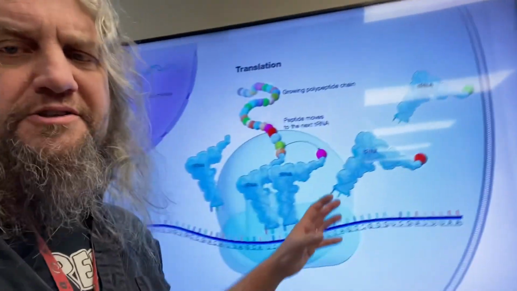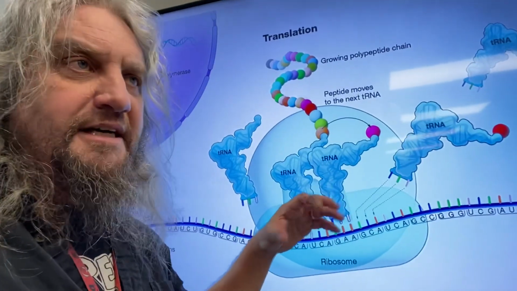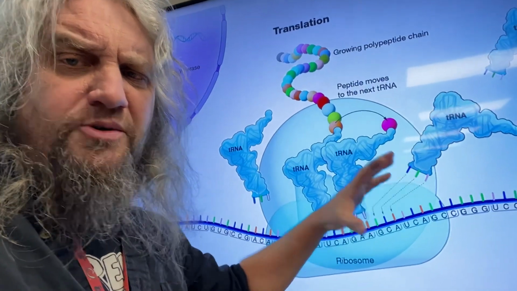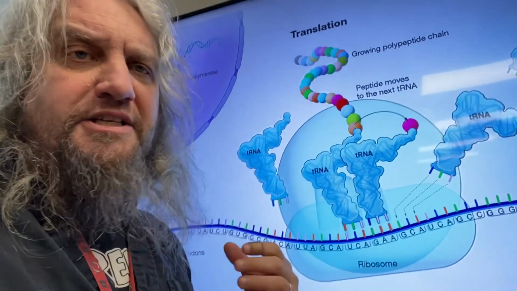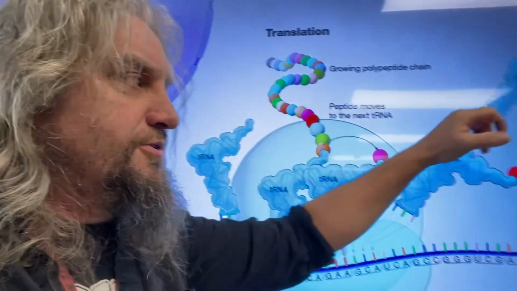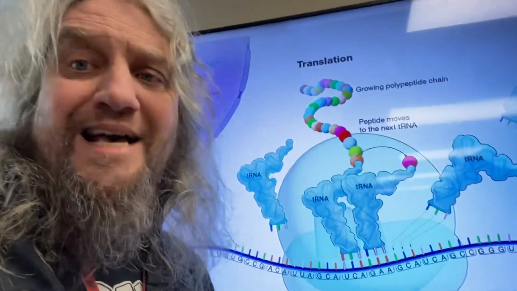Translation needs a ribosome. A ribosome attaches to the mRNA molecule and keeps things organized. Translation also needs tRNA molecules, which are floating around in the cytoplasm carrying amino acids.